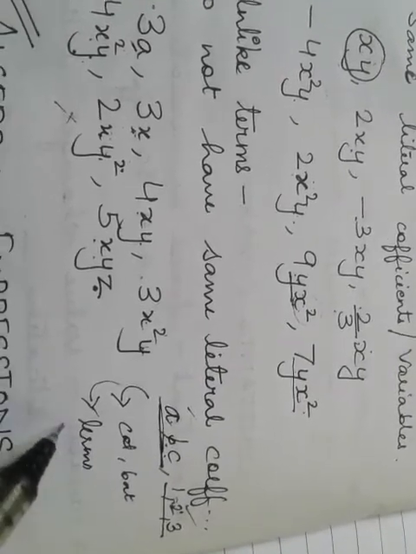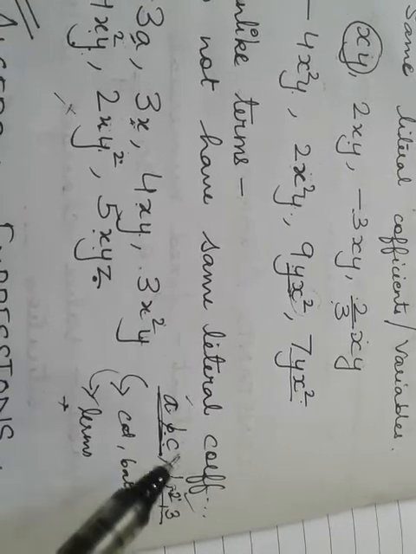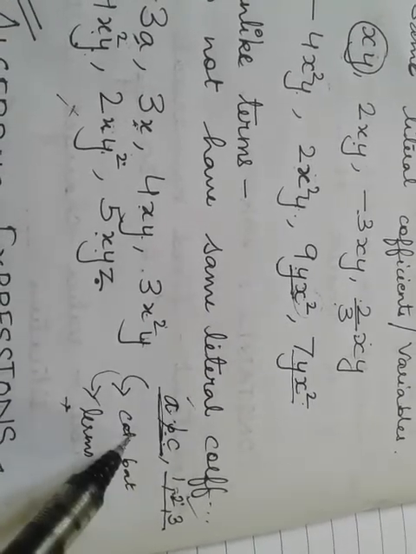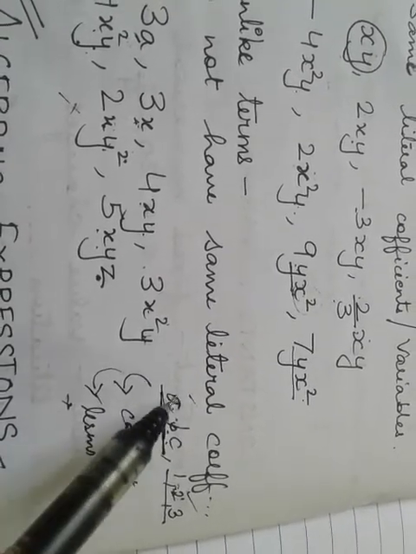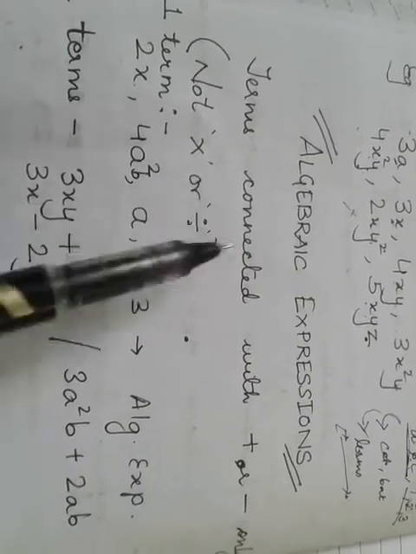So alphabets we have studied, then words we have formed. Terms here are words. Now we will study sentences. So what is the sentence? It is an algebraic expression. Terms connected with plus or minus sign are known as algebraic expressions.